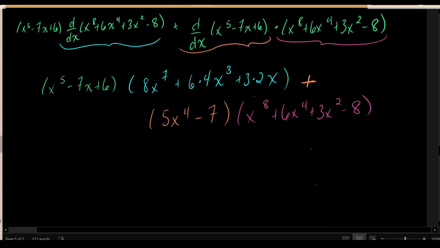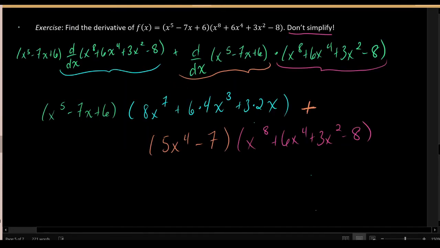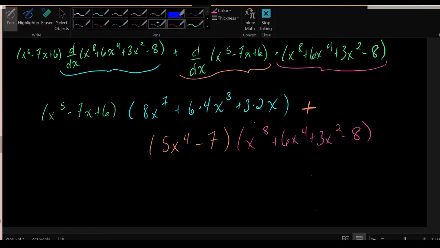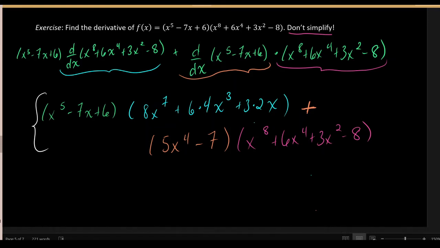Now, importantly, this question says don't algebraically simplify your answer. And thank goodness, right? Because who would ever want to multiply all of this out? In general, in real life, simplification is only useful when it either increases computational efficiency or decreases the risk that you're going to make a typo when you enter the answer.